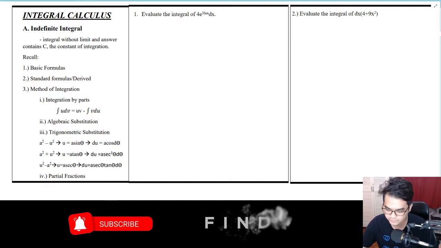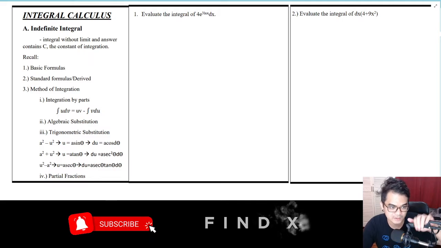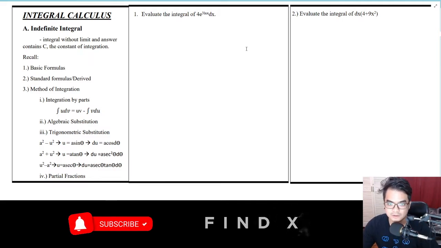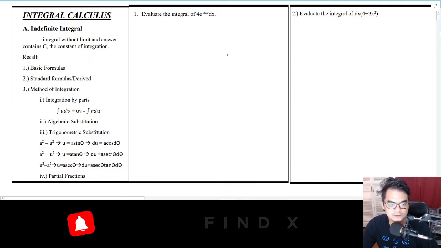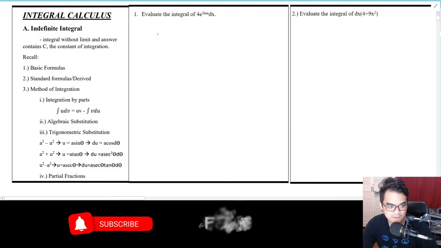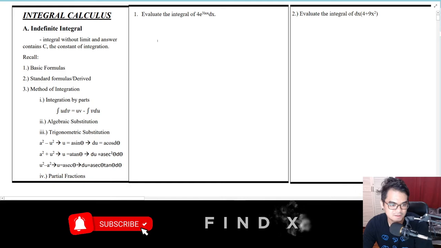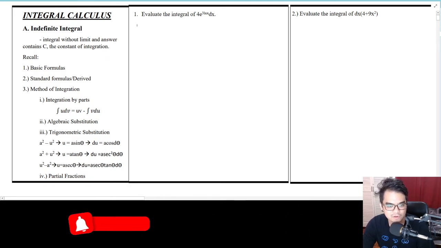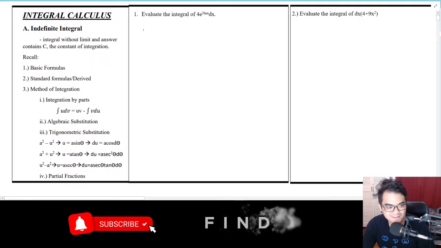We have the first topic, which is the indefinite integral. The indefinite integral is the integral without limits, and the answer contains the c, or the constant of integration. Recalling, there are multiple ways to solve an indefinite integral.